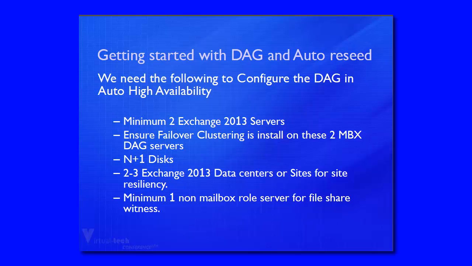So that's why I said maybe 2 data centers, and the 3rd is some arrangement at the ISP space, which will have the FSW, and a minimum of 1 non-mailbox server for the file share witness. Yes, in case we need another server, at least a Windows license for that server. Maybe Windows 7, a Windows workstation, will work for that matter.